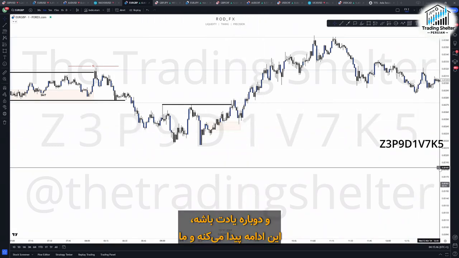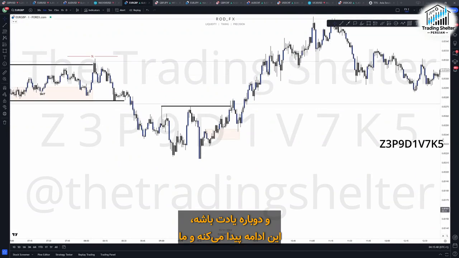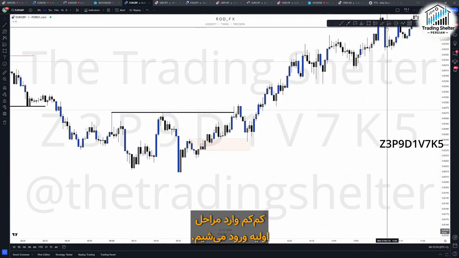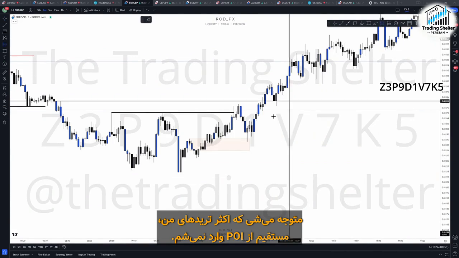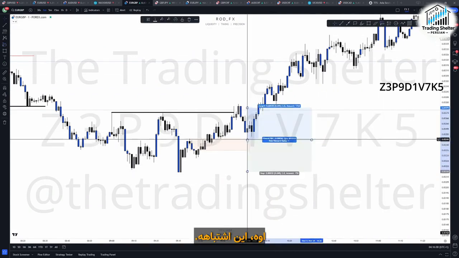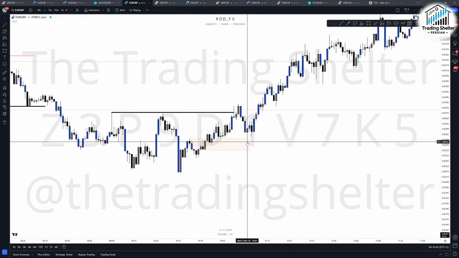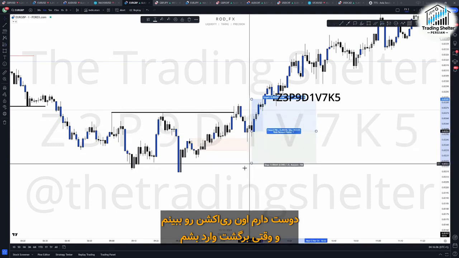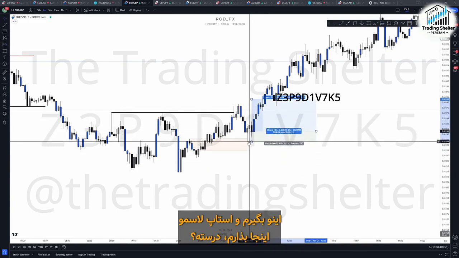And remember, again, this goes and we're starting to get our feet wet into the entries. You would notice that most of my trades, I don't enter directly from the POI. Oops, this is wrong. I don't enter directly from the POI. I like to see that reaction and they come back, and then I enter this one and I put my stop loss here, right?